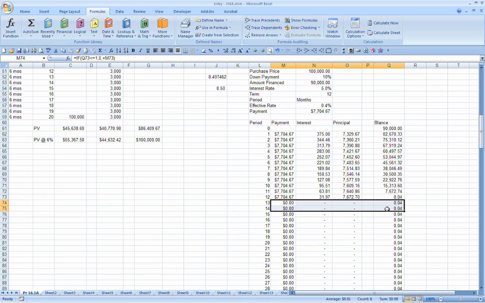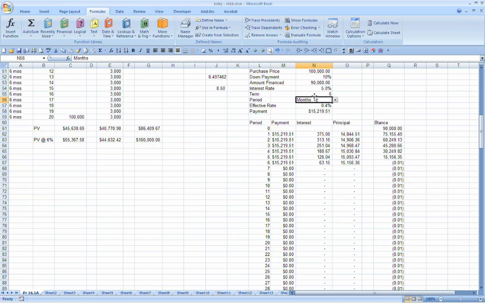I'm going to leave this as a homework assignment, but can you figure a way to do this and have these disappear? When it goes to 0, have it print nothing down here. Nothing at all. And adjust based on how many years or how many months you put into the formula.